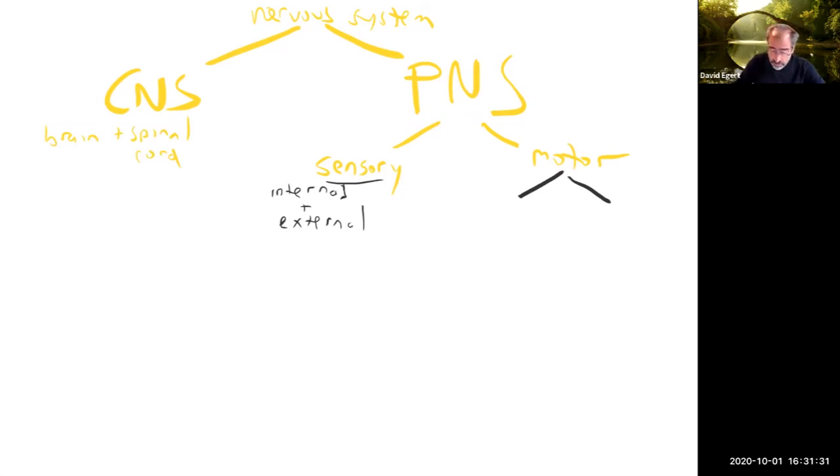I talked about voluntary. So one division of the motor is somatic motor. This is going to be the voluntary. This is the part that operates your skeletal muscle. This is when you want to kick a ball or swat a fly or caress your sweetie's face or whatever.